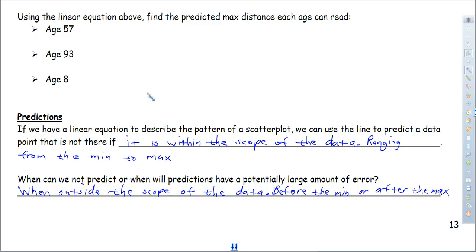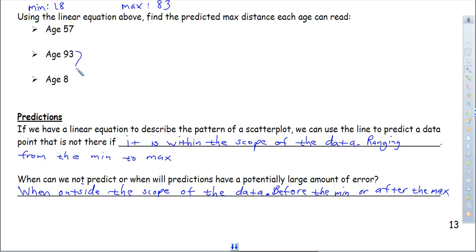So if we look back up here, remember what was our minimum? Our minimum, we said, was 18-ish, and the maximum we said was 83. So this would be in the scope of the data. This would be interpolation.